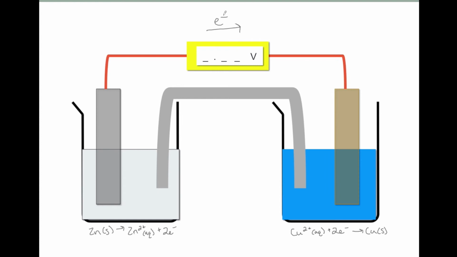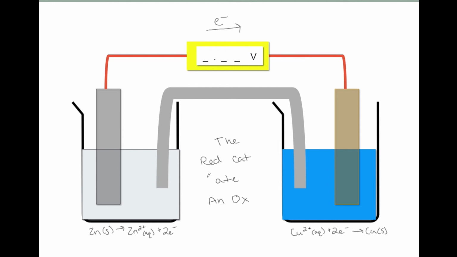The last thing to do in our cell is to label the anode and the cathode. We're going to do this by this simple sentence that states, the red cat ate an ox.